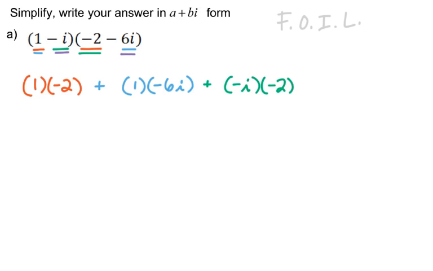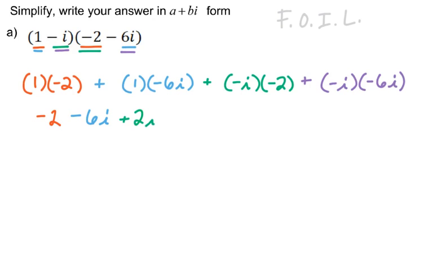And then my two last terms, I have -i times -6i. 1 times -2 is -2. 1 times -6i gives us -6i. -i times -2 is +2i. And then lastly, we have -i times -6i. That's going to give us +6 and i times i is i squared.